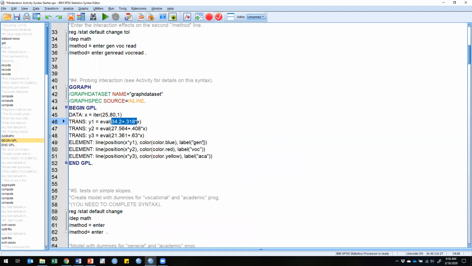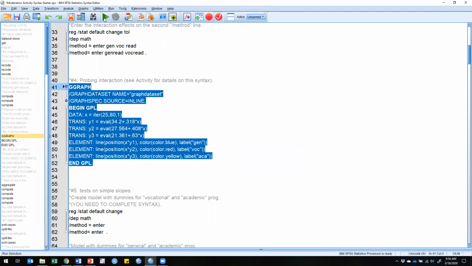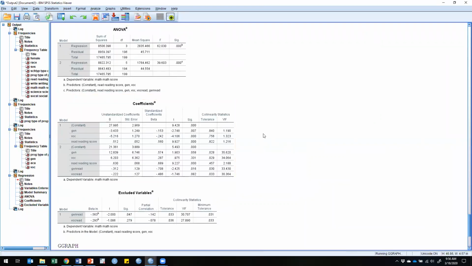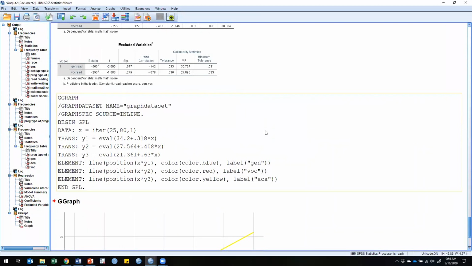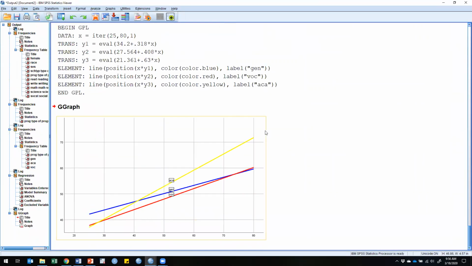And so make sure we just label these correctly. And so I do the same thing for vocational and then the same thing for academic. We can run this syntax and we can just get a visual plot of what the interaction effect looks like.